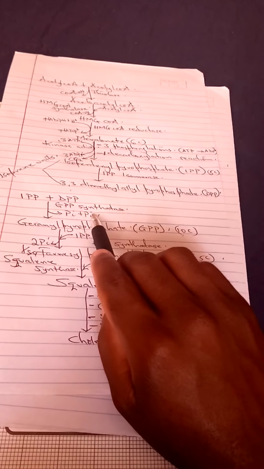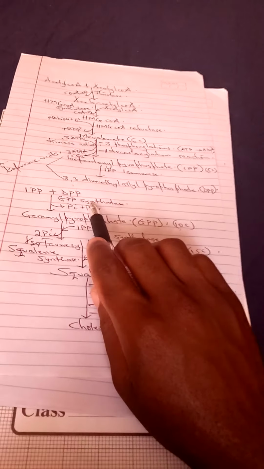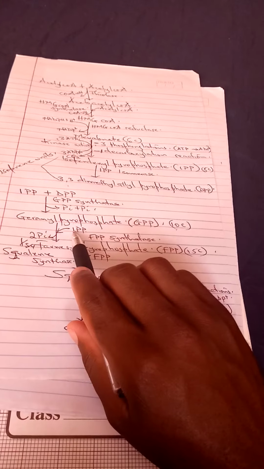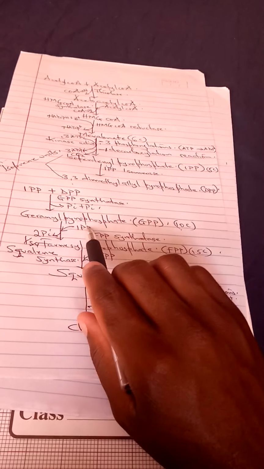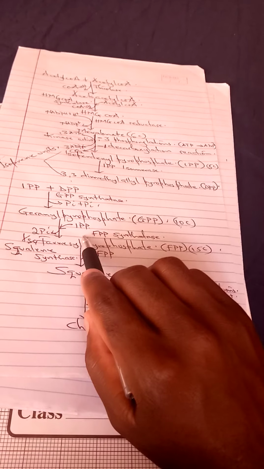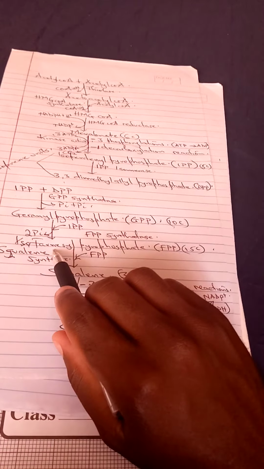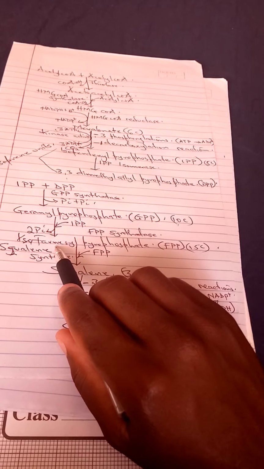There is loss of 2 inorganic phosphates. Then to geranyl pyrophosphate, which is 10 carbon, we shall fuse in 5 carbon IPP, and we release 2 phosphate molecules and form farnesyl pyrophosphate by farnesyl pyrophosphate synthetase.